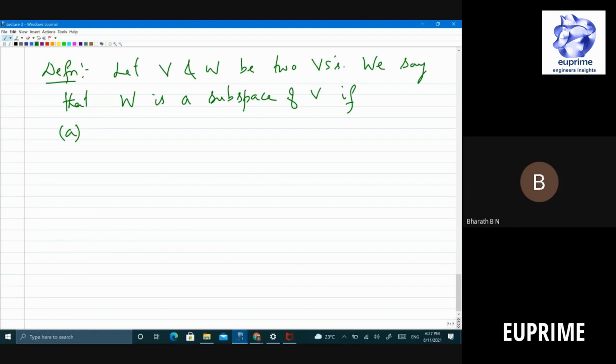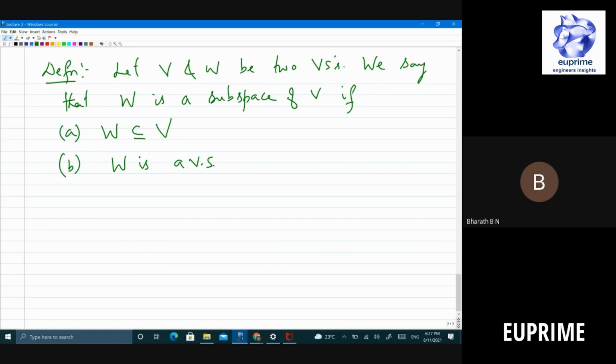If you say W is a subspace, W should be sitting inside V. What is the next thing? W is a vector space. Okay, it's over the same field R, or same field F. I should be using only real numbers on both, or on both complex, right? So now this is obvious, right? So this is how one can define it.